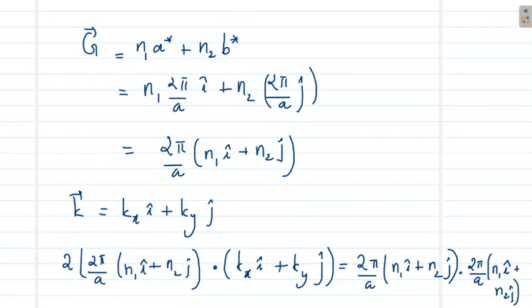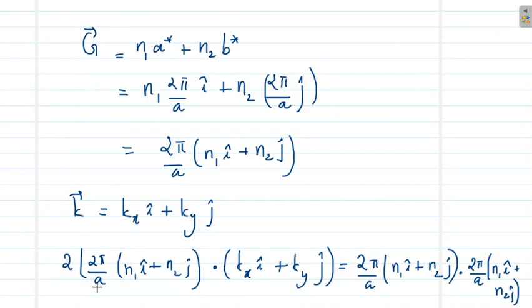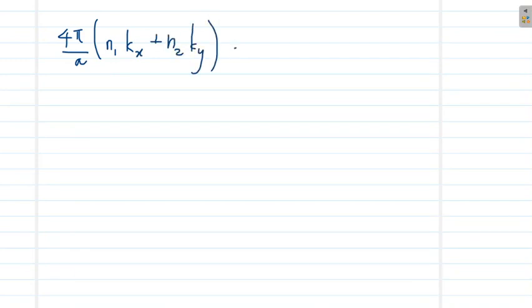So find the dot product. The left hand side is simply 4 pi by a into (n1 kx plus n2 ky). The right hand side is 4 pi squared by a squared into (n1 squared plus n2 squared).